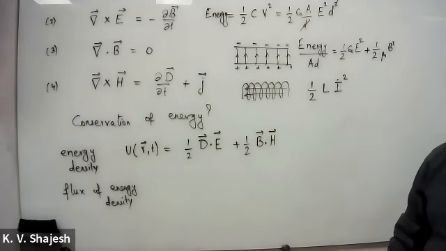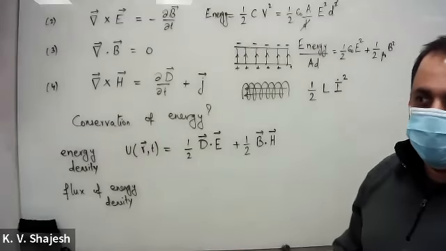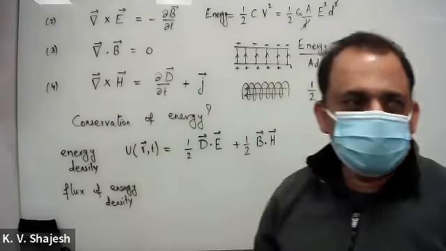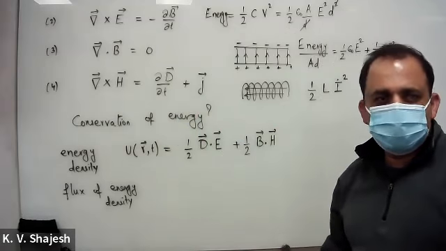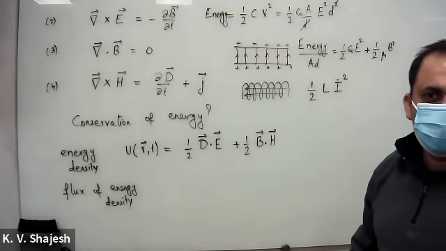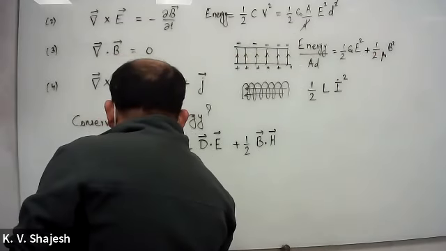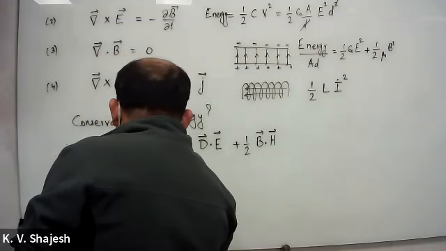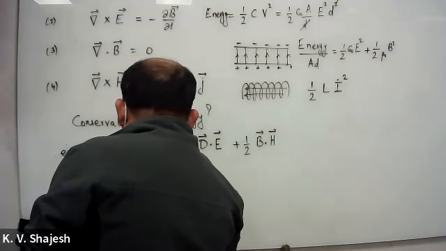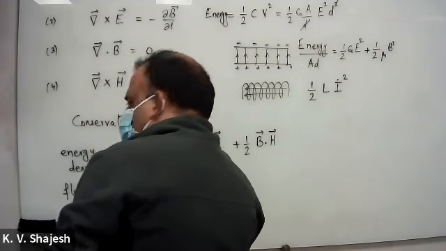Have you come across a concept called flux of energy? It surely has a direction, and that you have seen. This is called a Poynting vector. It's called E crossed with H. So familiar?